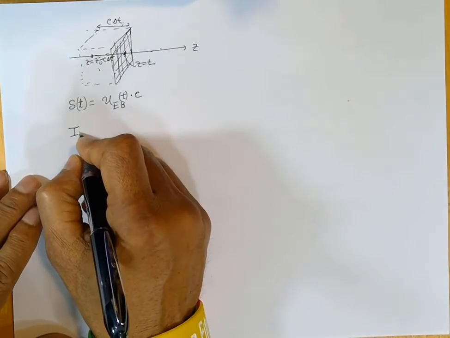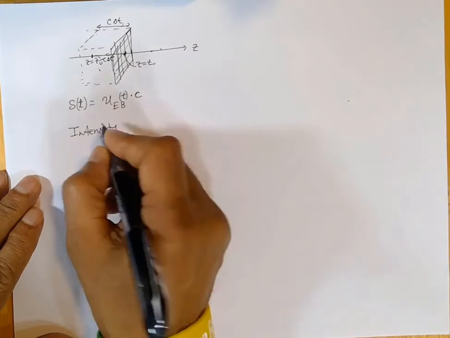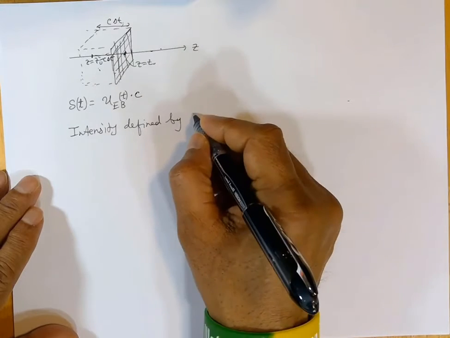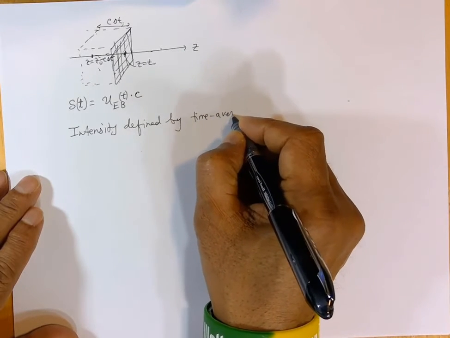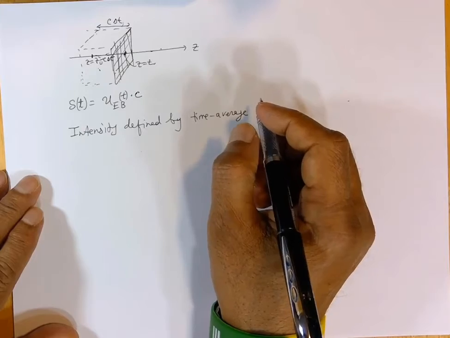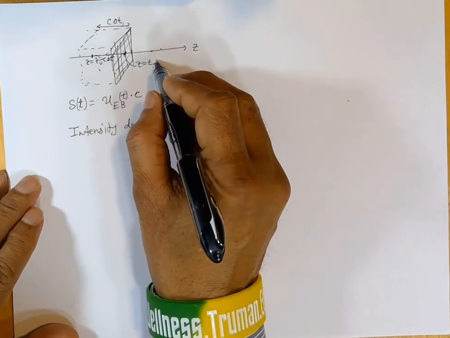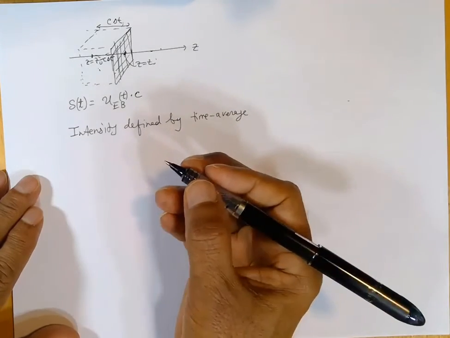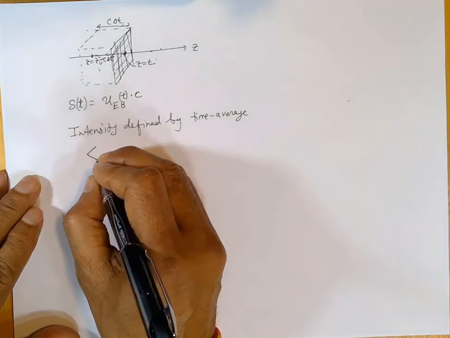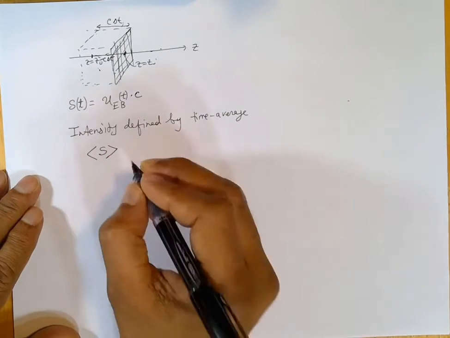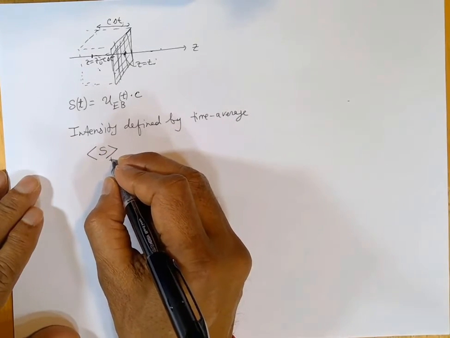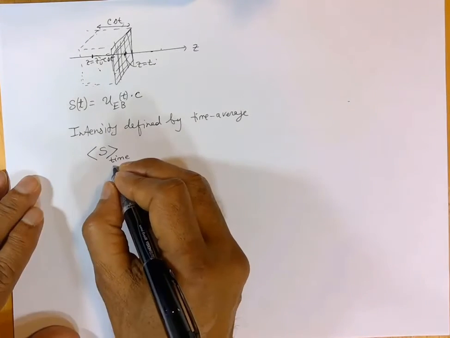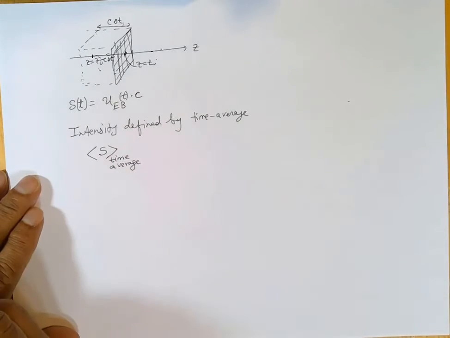So intensity is defined by the time average. I'm just going to set z equal to 0 to make the calculation simple, but it's going to be the same even if z is not equal to 0. Sometimes you don't say what you're averaging over, you just average over time, or sometimes you write down the whole thing.